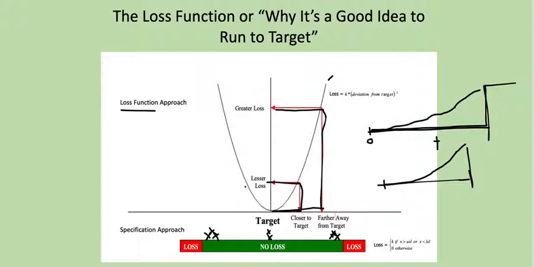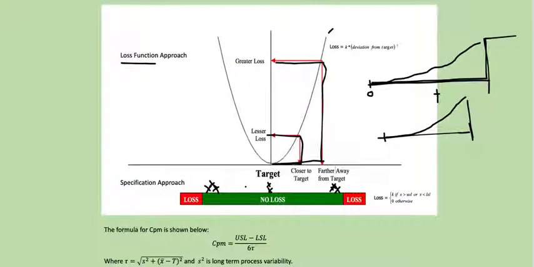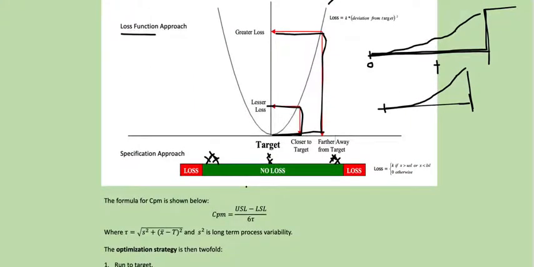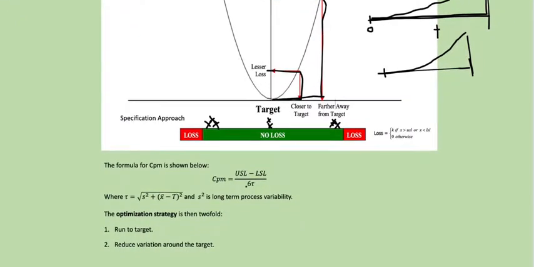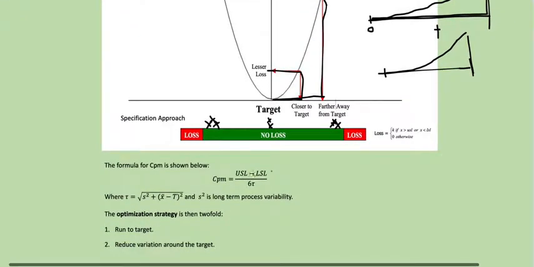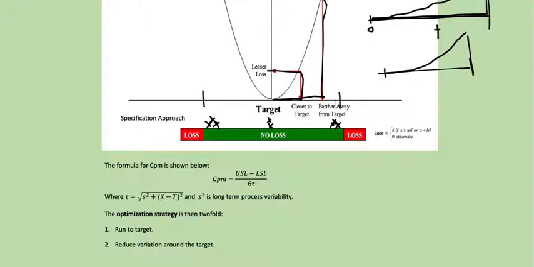There is a measure for the loss function. It is called CPM. The way CPM works, it's basically taking the upper and lower spec limits, so even on this loss function you might have some limits for a range here, divided by 6 times tau. Tau here is equal to the square root of the process variability plus this off-target distance.